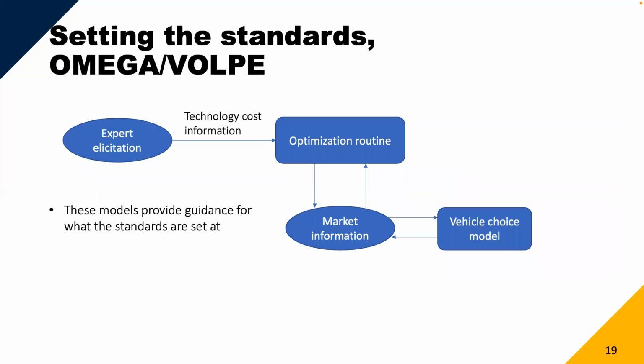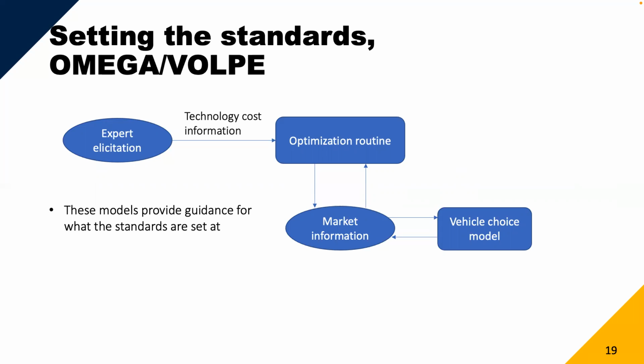Okay, so going back to this question about how the standards are set, where does the 55 mpg come from? There are a set of models, Omega and Volpe, used by NHTSA and EPA, respectively.